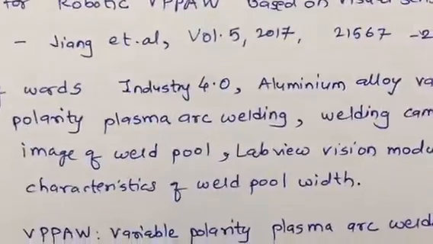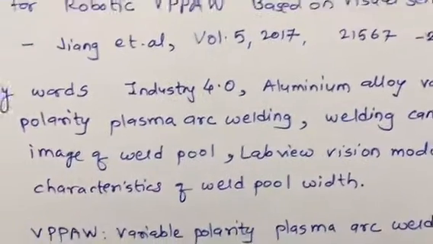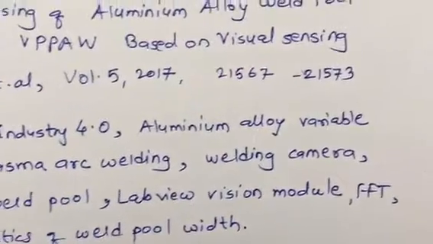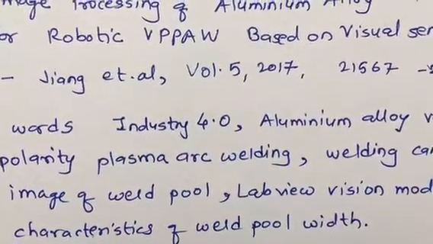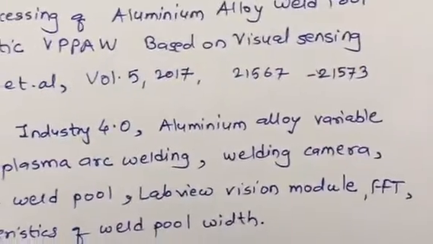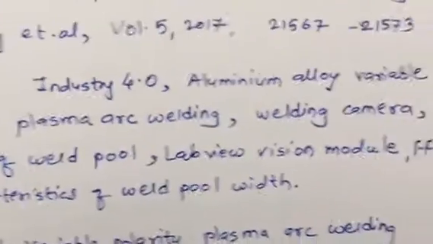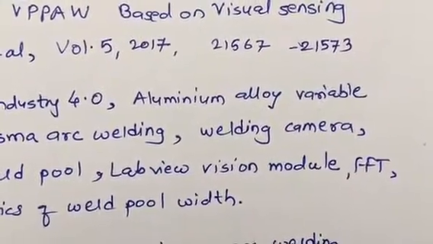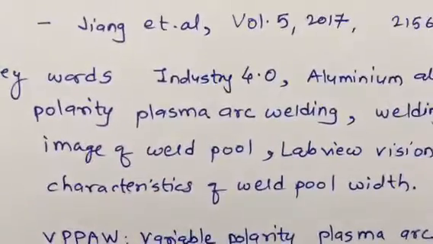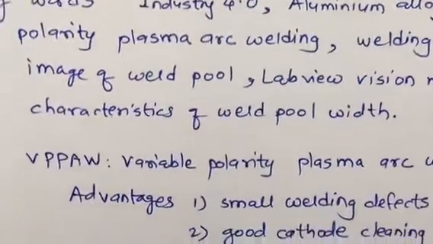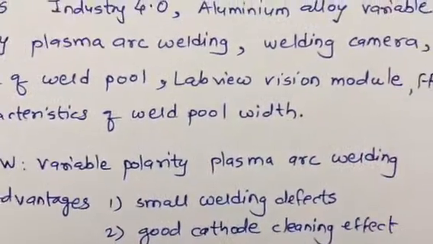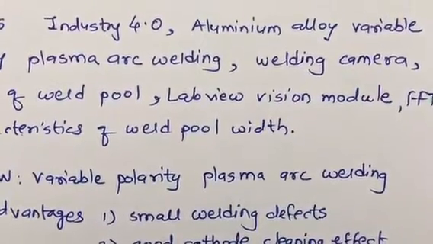Now there are some keywords which are used in this particular application, like Industry 4.0, aluminum alloy, variable polarity plasma arc welding, welding camera, image of weld pool, LabVIEW vision module, fast Fourier transform, characteristics of weld pool width. So VPPAW is variable polarity plasma arc welding.